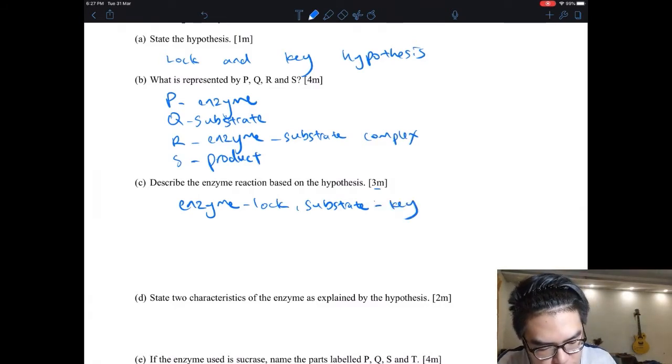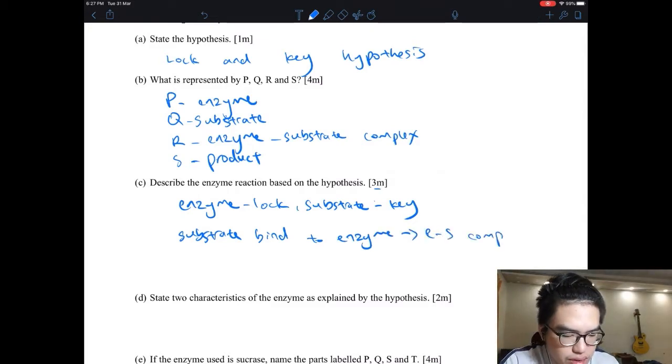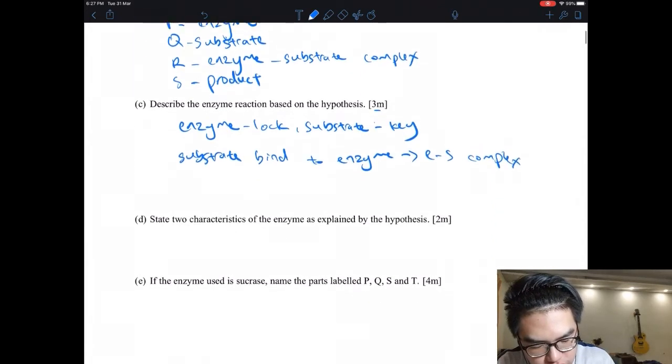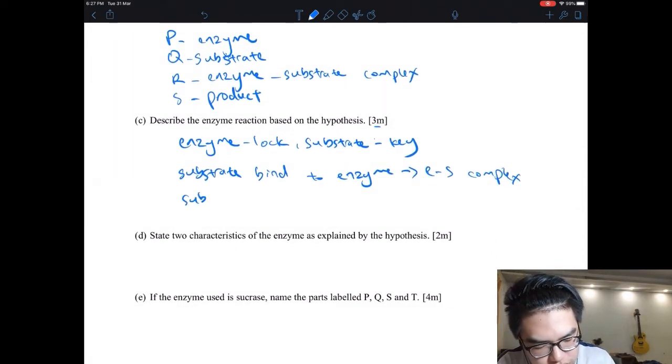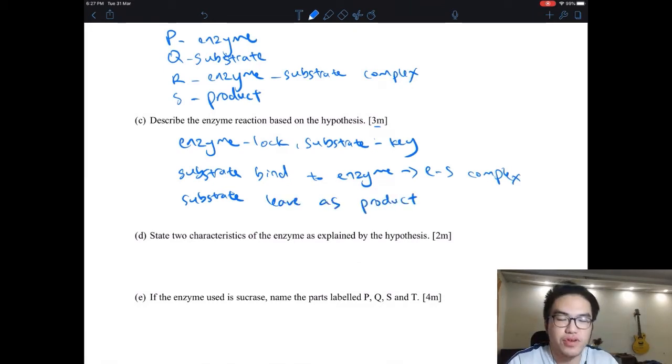The substrate will bind to the enzyme. It will form the enzyme substrate complex. I'll write the short form here. And then the substrate will leave as product. Basically, explain the mechanism very simply.